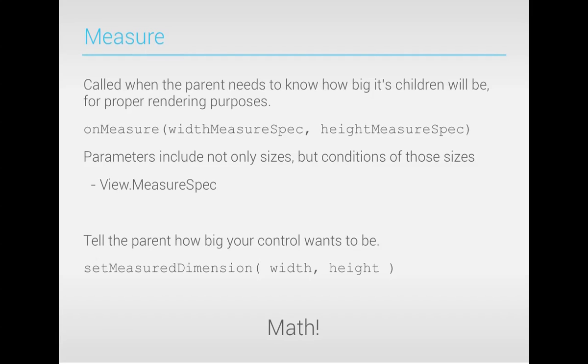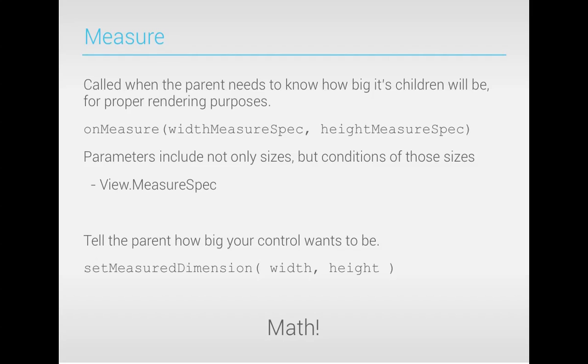And really what it's doing is telling the parent how big your control wants to be. It basically says, how big do you want to be? I'll come back and tell you how big you are later, but I want to know, if given unlimited space, how big would you like to be? And how the children tell the parent that is they set the measured dimension with an actual pixel value, width and height.